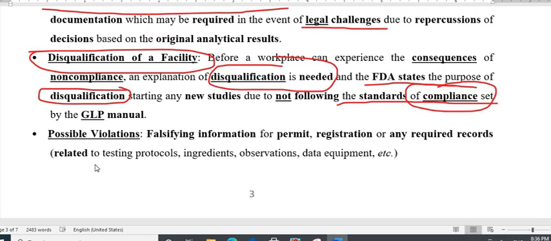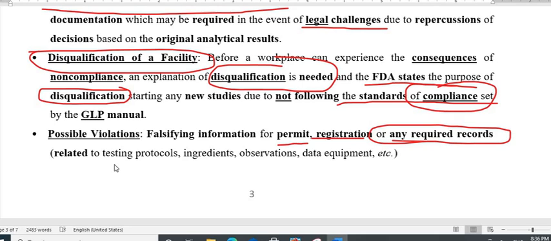Disqualification may be applied if the particular lab does not tell the truth about the permit of the work, the registration of the work, and any concerned record of that work.